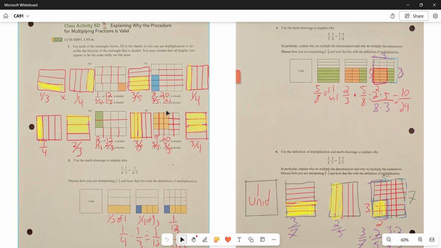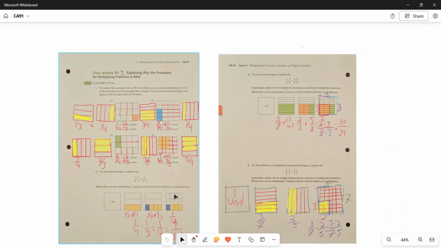The whole thing is broken into fourths going this way, 1, 2, 3, 4, and obviously since those are filled in there, 3/4 of the rows are filled in. So 3/4 is one of your fractions, and then for this, 1, 2, 3 out of 1, 2, 3, 4, 5, so 3/5. 3/4 times 3/5 is 9/20.